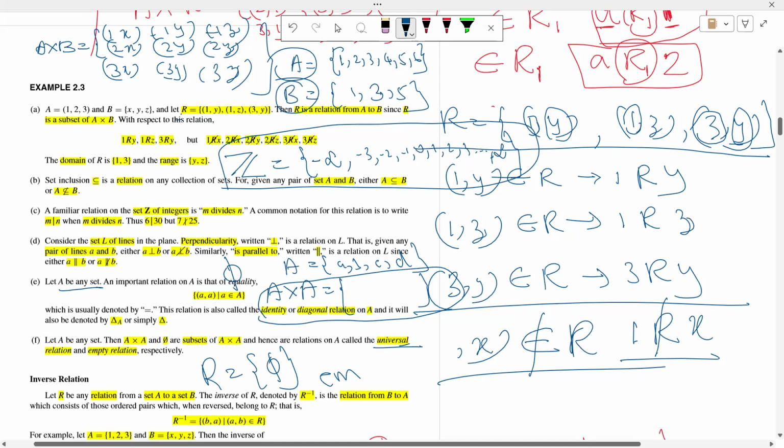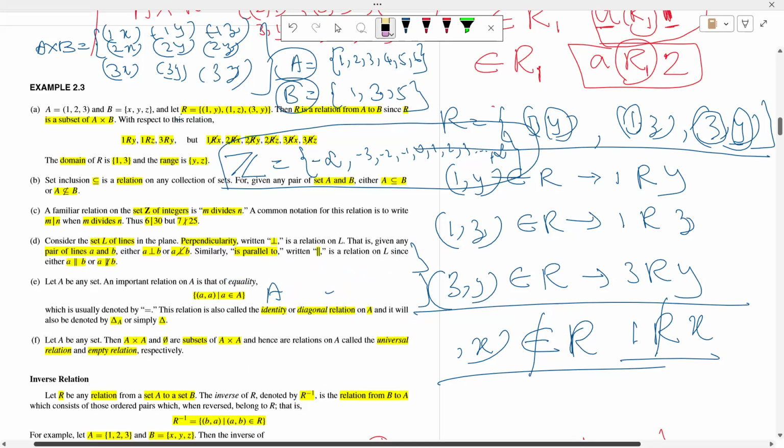Empty relation means the relation with the empty set. Universal relation means the relation with all the elements of A cross A. These are the things you need to remember, right?